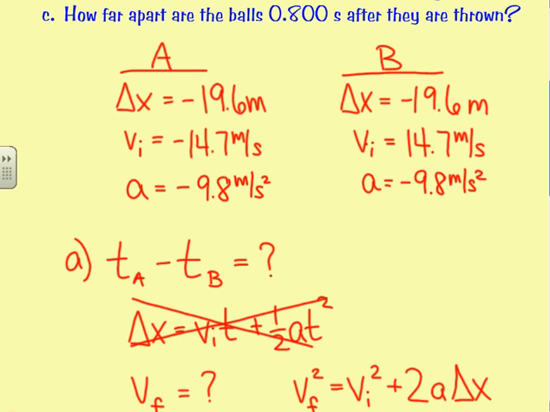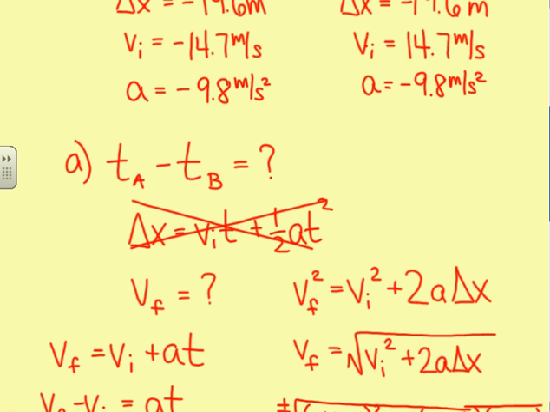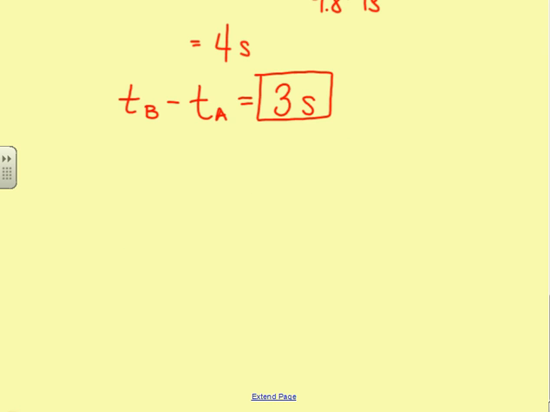Part C, how far apart are the balls 0.8 seconds after they are thrown? So part C is a little bit different. Part C is asking us to find the change in displacement.